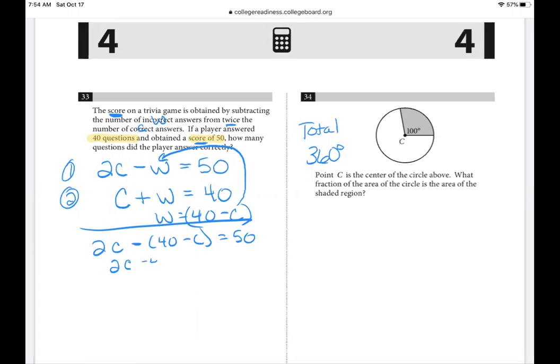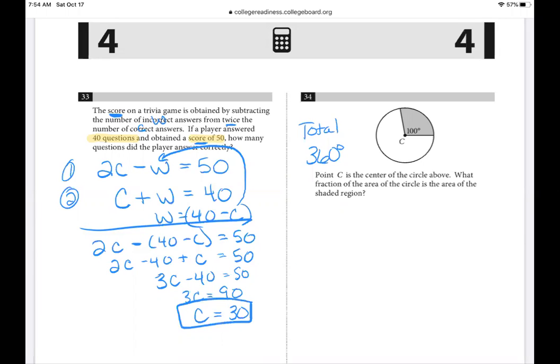You might not want to take the time to write that, but then I would actually be adding C, so be careful there. So that gives me, combining like terms, 3C minus 40 equals 50, and then 3C would be equal to 90. Therefore, the number of questions that we got correct would be 30.